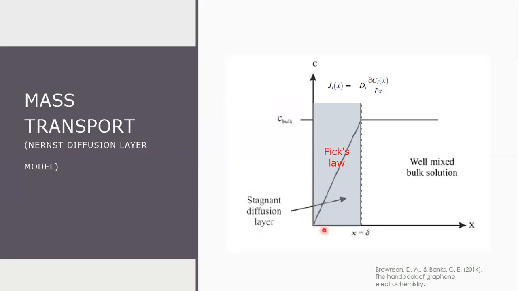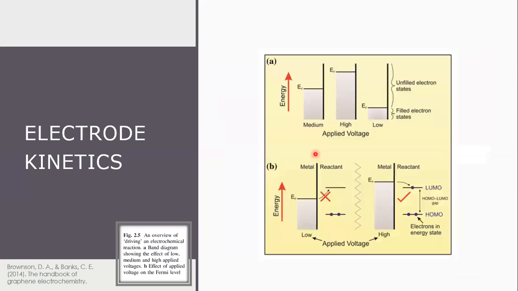In a stagnant layer, only the fixed layer is applicable because in this layer, only the concentration gradient is basically defining your flux, which is basically the concentration of your electroactive species at the interface multiplied by its diffusion coefficient.